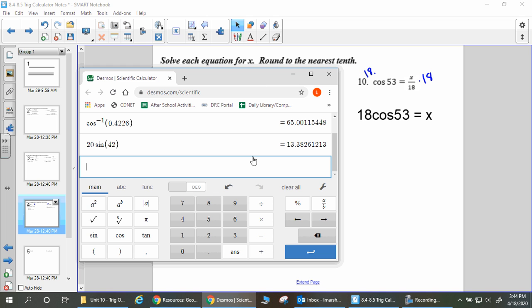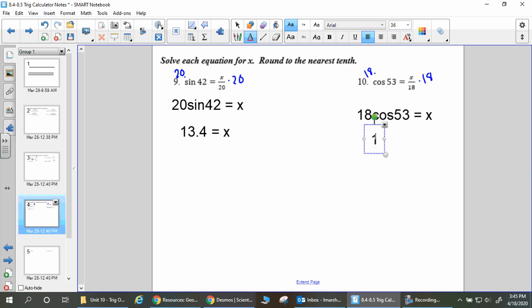I can hit 18, put in cosine this time, put in 53, and hit equals. Or again, if you need to put numbers in first, 53, hit cosine, times 18, and make sure you hit equals. My screen here says 10.83. The 3 does not make me round up, so just 10.8 equals x.